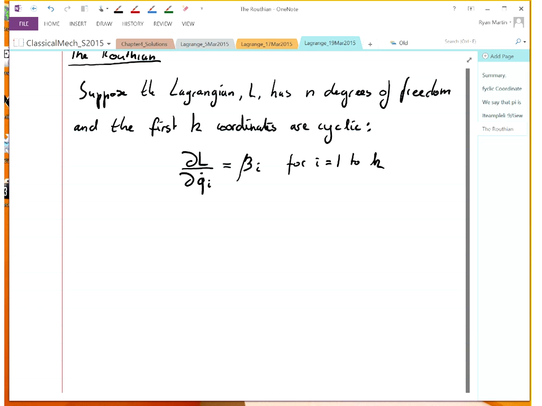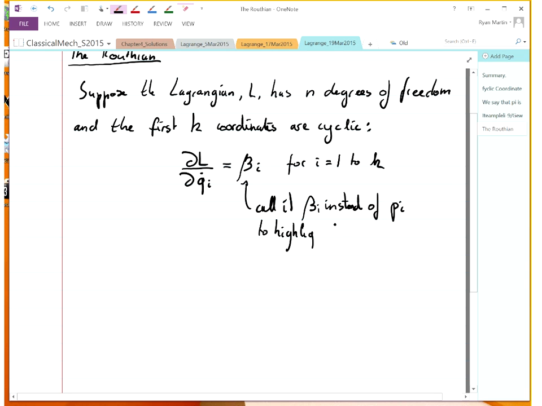So I choose to call it beta_i instead of p_i to distinguish the fact that it's constant.